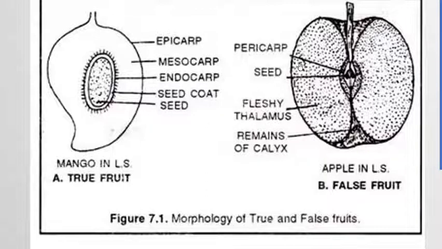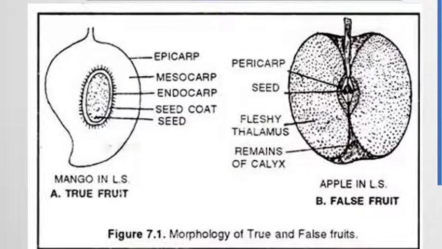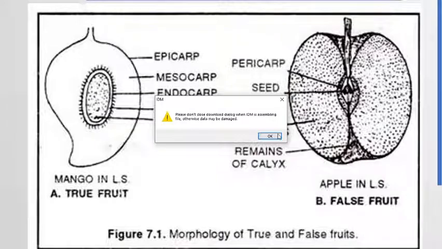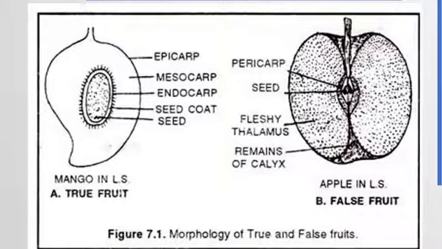That is called true fruit. But in the case of the apple, we see that this part inside the apple comes from the ovary, and the remaining fleshy part of the apple comes from a part of the flower other than the ovary.